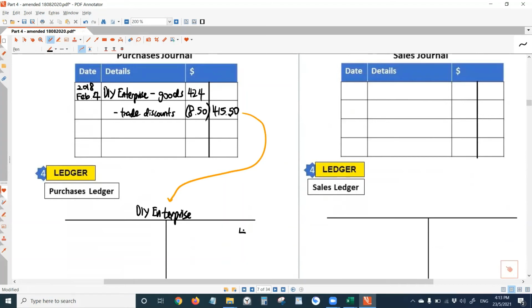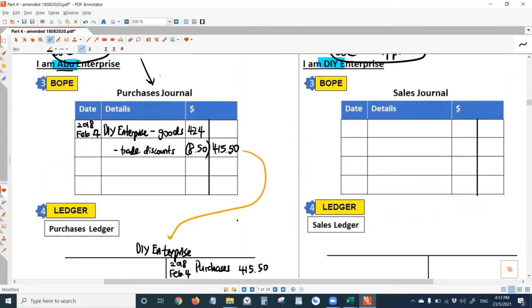To the credit side. If you know the double entries, then you should know that we owe money to DIY Enterprise, so we should credit the DIY Enterprise account. Here, write purchases, followed by the same date. So that's how you record into the purchases journal when we are Abu.